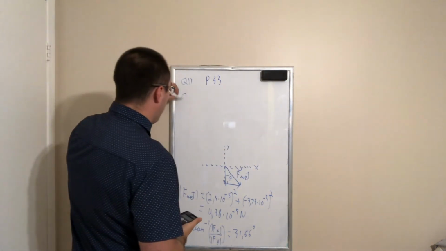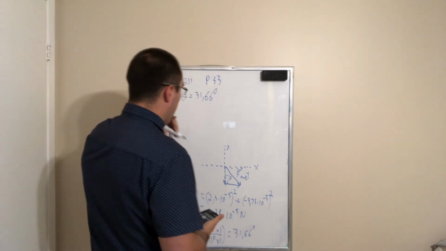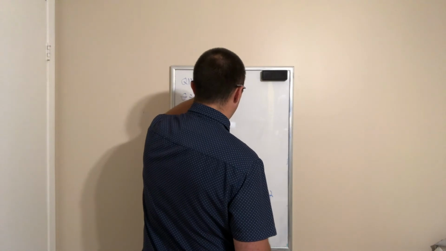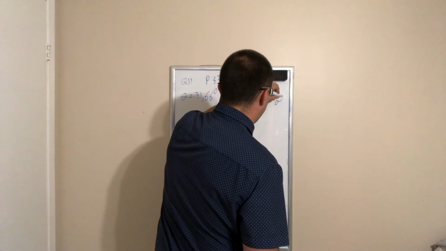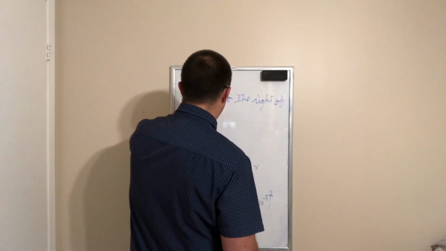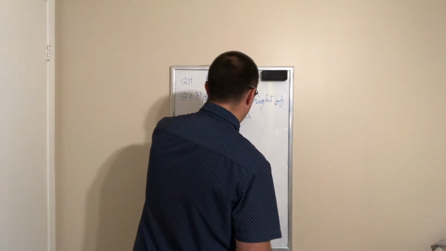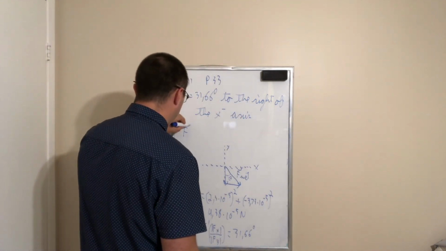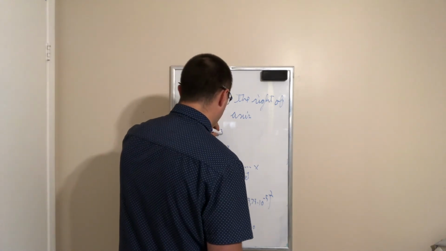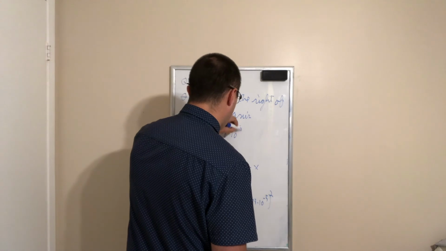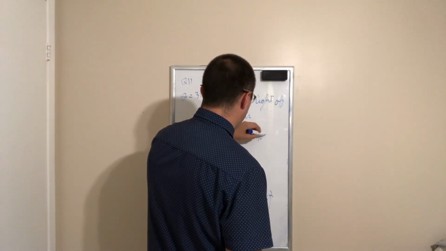But just to make sure we get a glimpse of all the different notation we can use. For the angle, we have 31.66 degree to the right of the negative y-axis. So the final vector, f net, is equal to 4.38 multiplied by 10 power minus 5 Newton, and with an angle of 31.66.